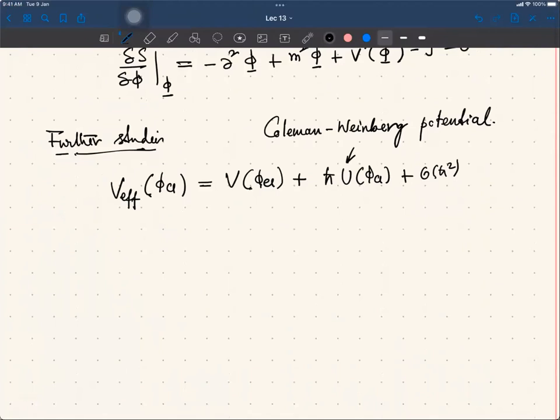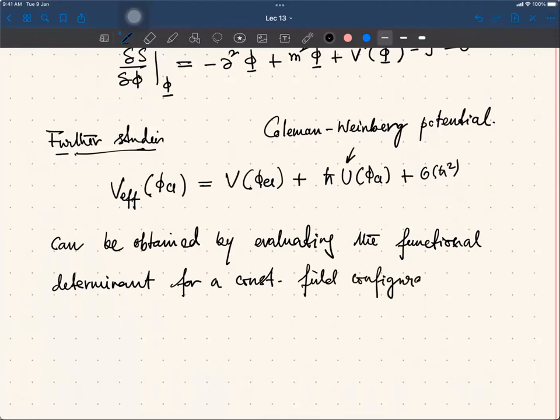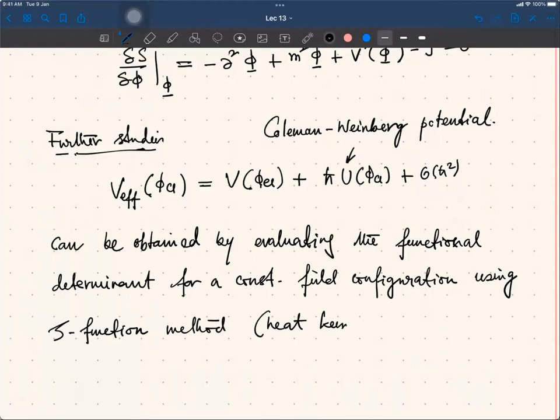So this can be obtained by evaluating the functional determinant for a constant field configuration using the zeta function method, which uses the heat kernel technique.